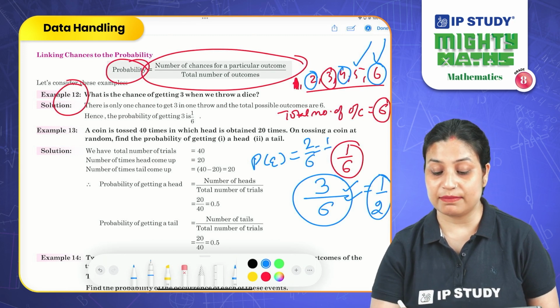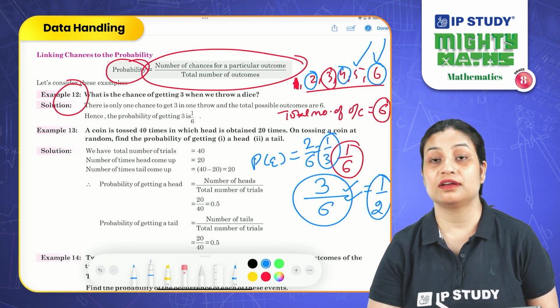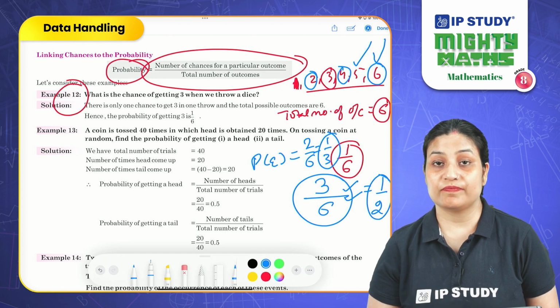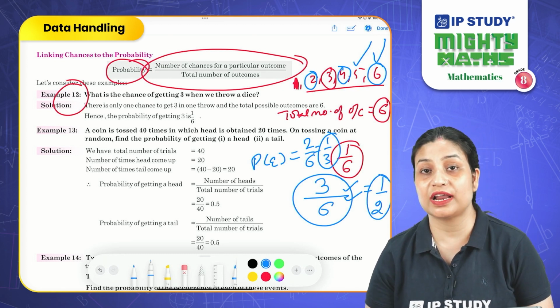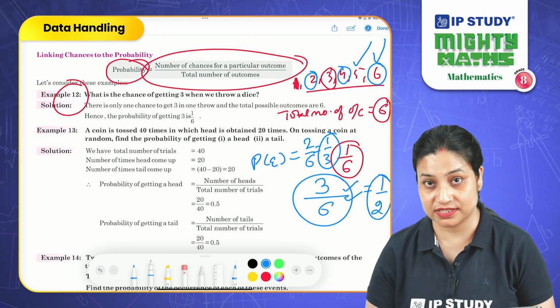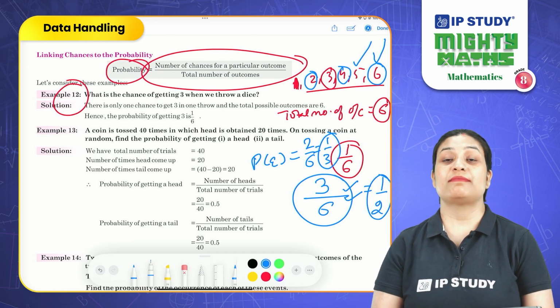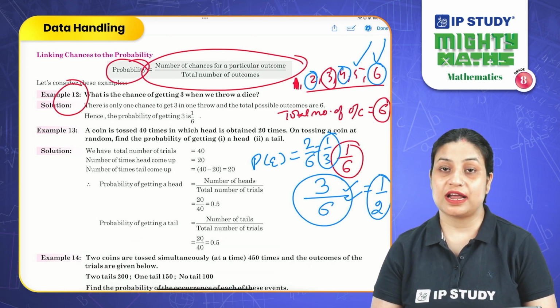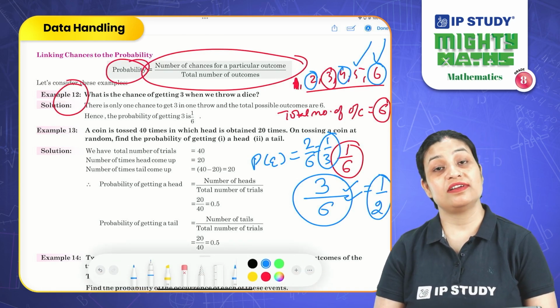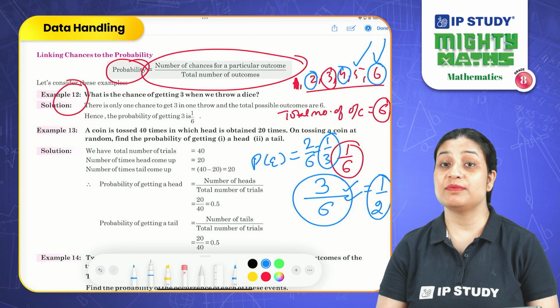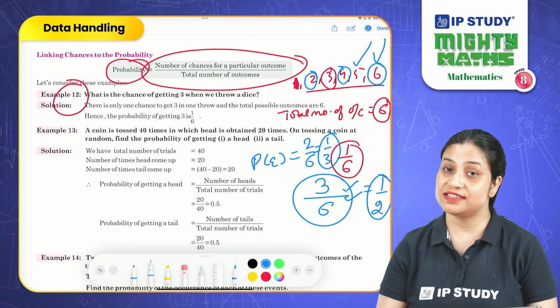We can write 1 by 3 for this, right? So I hope you have understood what is the meaning of probability and how to calculate probability for different events. Always remember, the maximum value of probability is 1 and the minimum value of probability is 0. The probability of any event lies between 0 and 1. It cannot be more than 1. It cannot be less than 0.